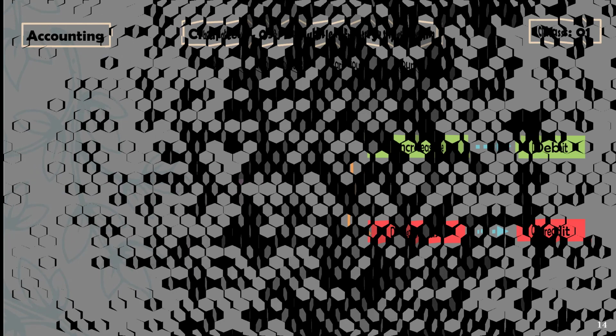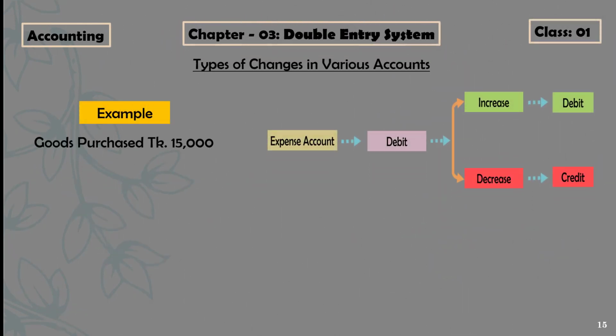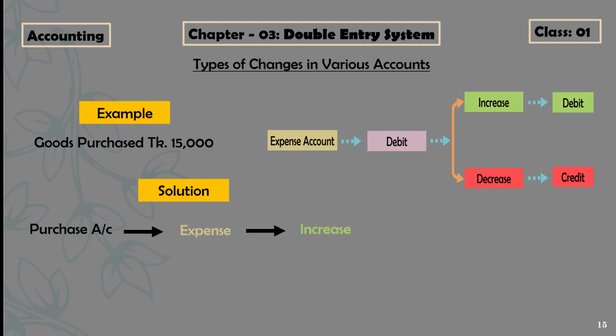So here is our example. Goods purchased taka 15,000. This is just the opposite of example 4. The solution is, the related account is purchase account, since goods are purchased for taka 15,000. Purchase account is an expense account, and it has increased for the transaction, and because of the increase we will debit it.